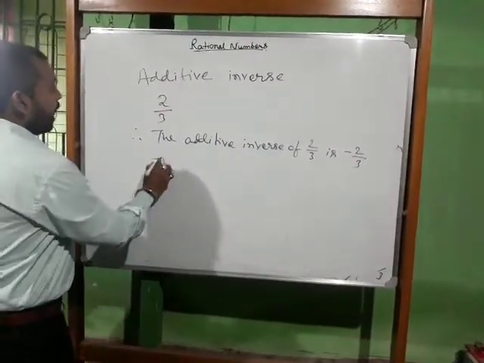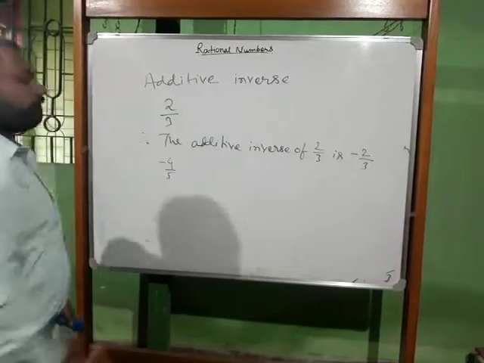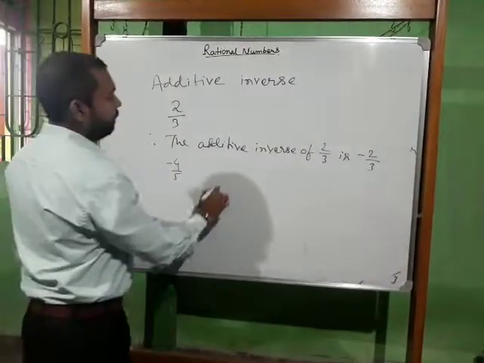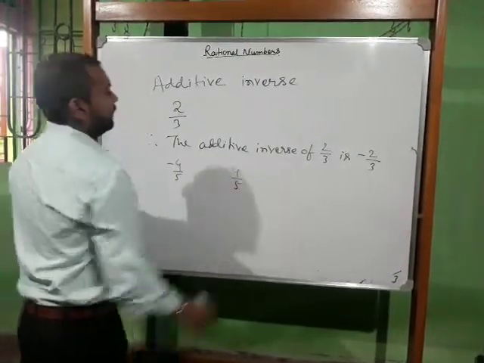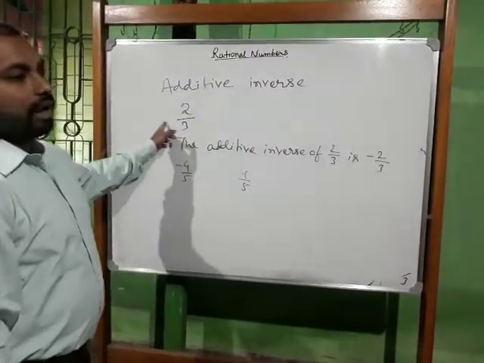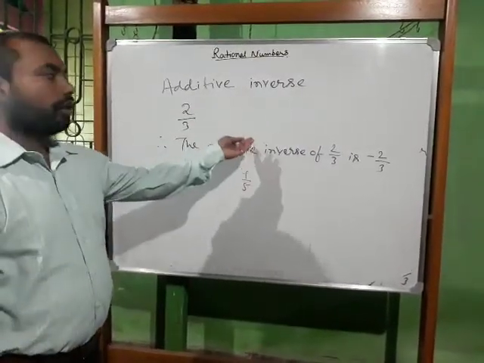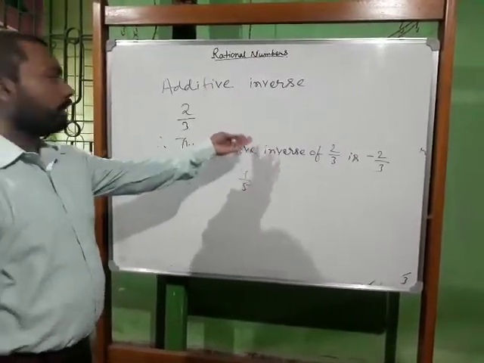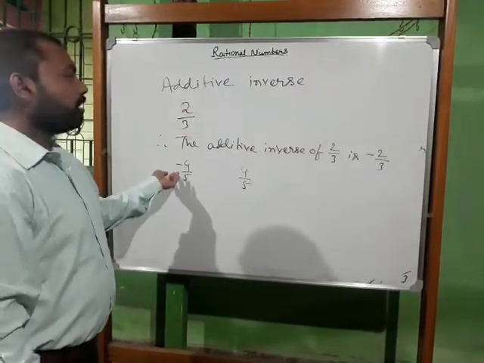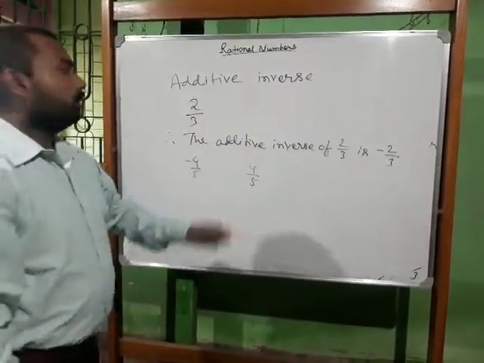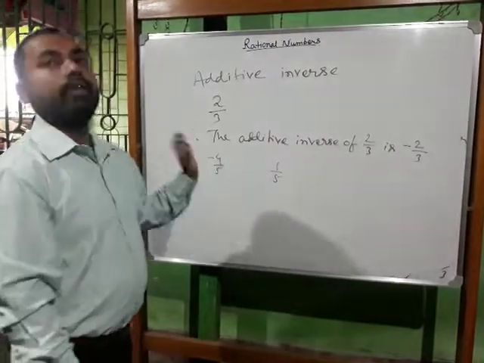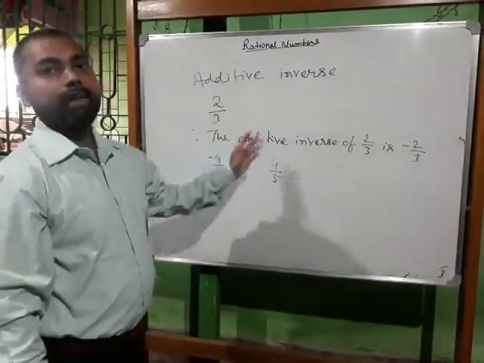Suppose I give you minus 4 by 5, write the additive inverse of minus 4 by 5. So it will be 4 by 5. That means if a negative rational number is given, you have to write a positive rational number. If a positive rational number is given, you have to write a negative rational number. Means only the sign will change. The value will not change, only the sign will change. Positive to negative, negative to positive.